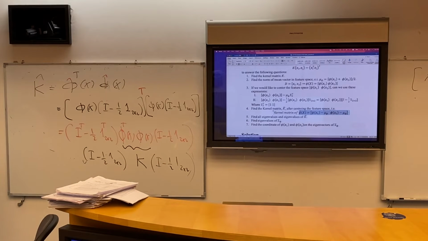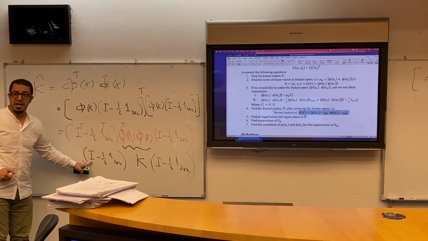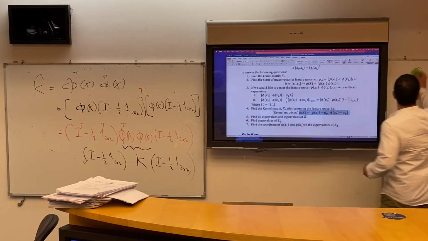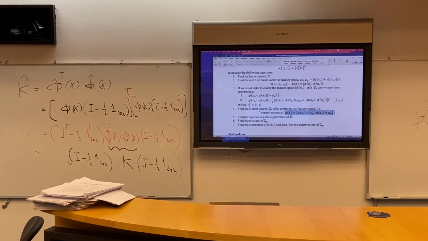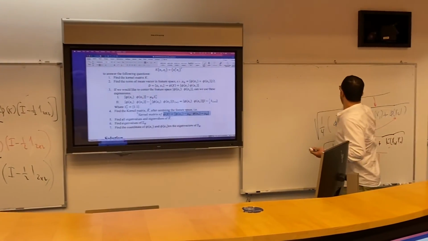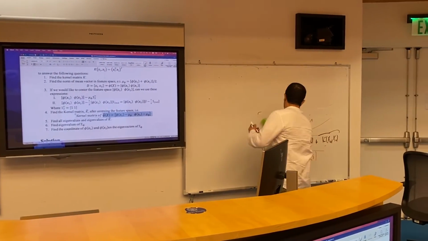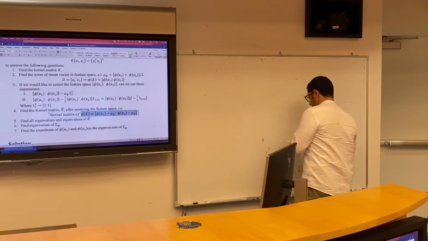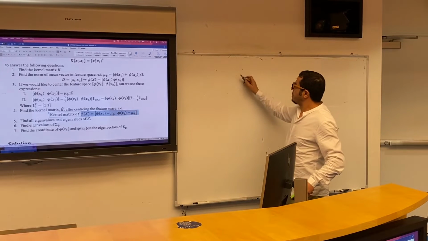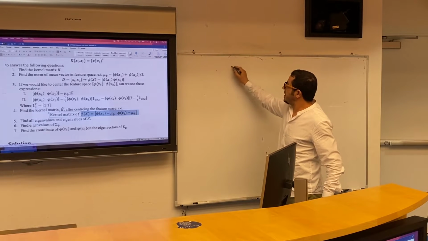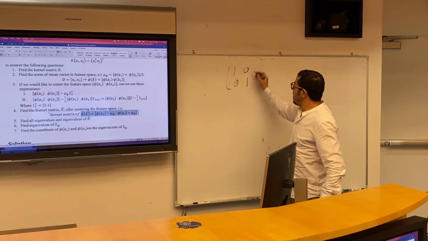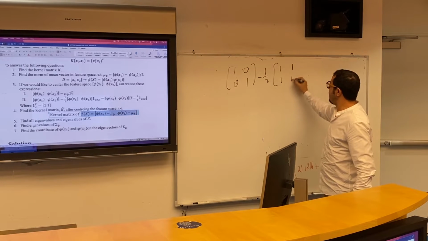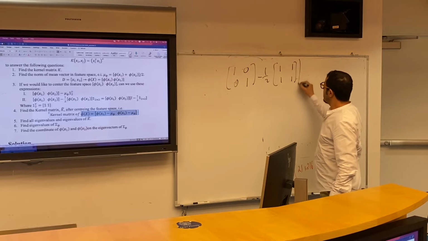We have K, we calculated it already. What is I in matrix form? Okay, let's calculate it. What should the matrix be here? 1, 0, 0, 1 minus half 1, 1, 1, 1. Yes?